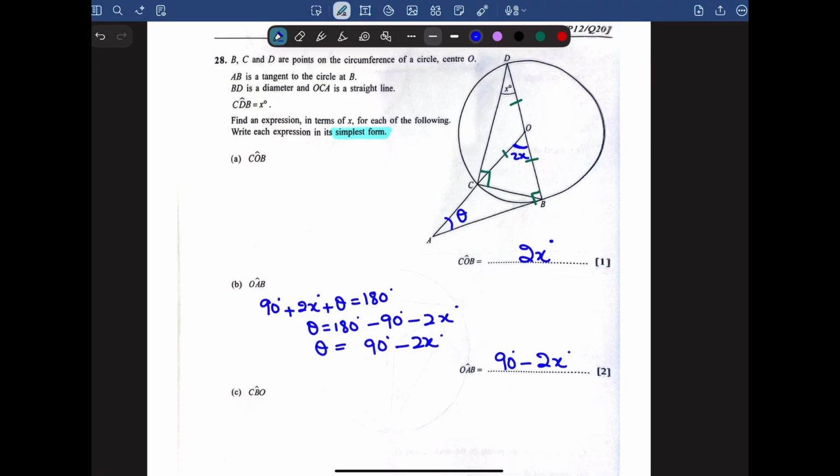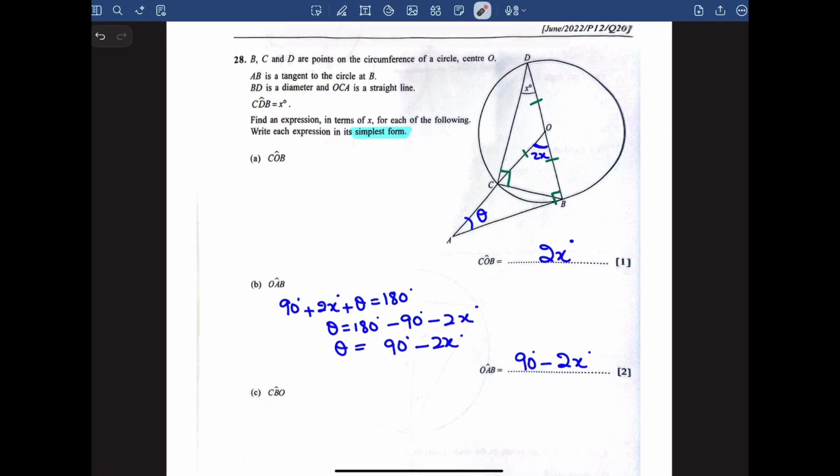Then they want us to find CBO. Okay, so let's mark this angle. For that we're going to focus on triangle OCB. You know it is an isosceles triangle, so this angle will be equal to this angle. Let's call it y for now.